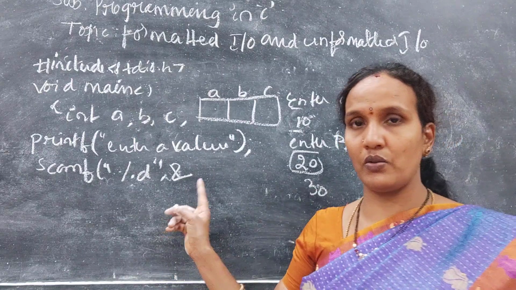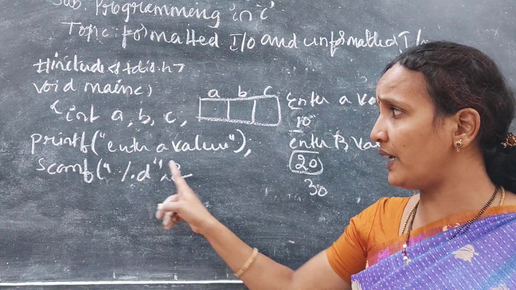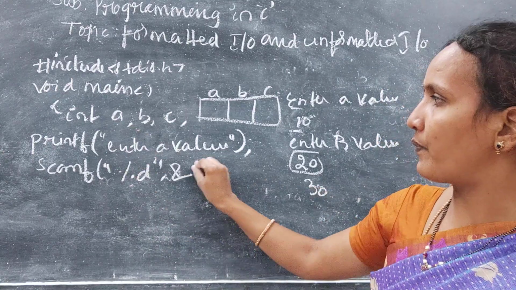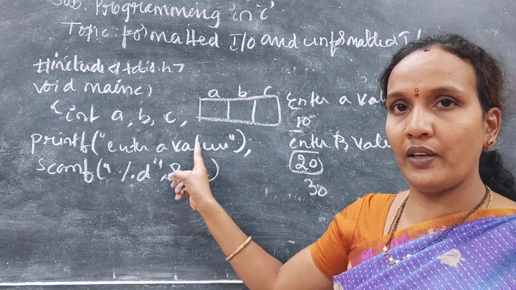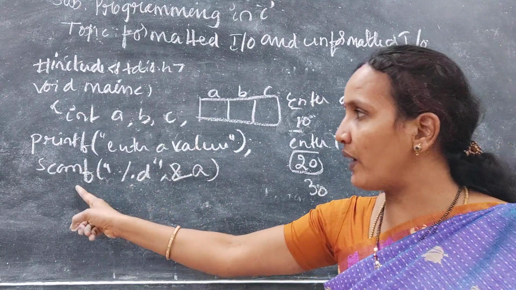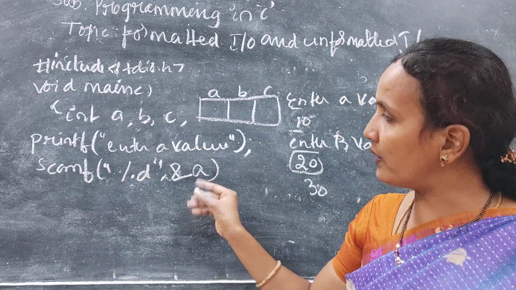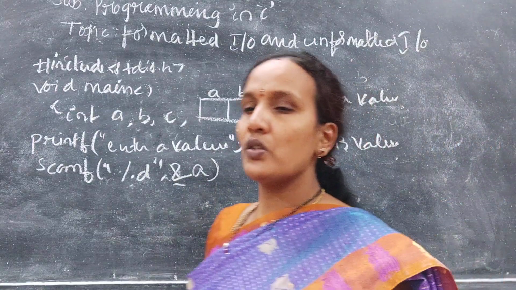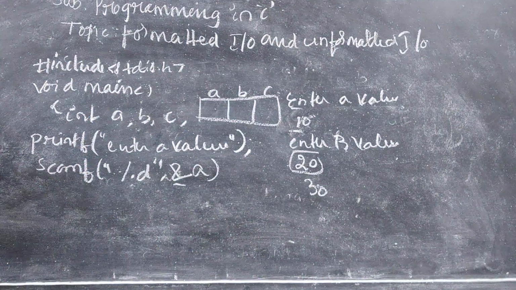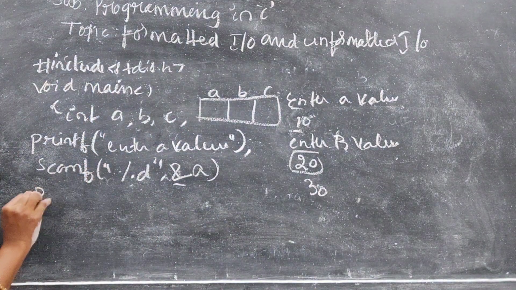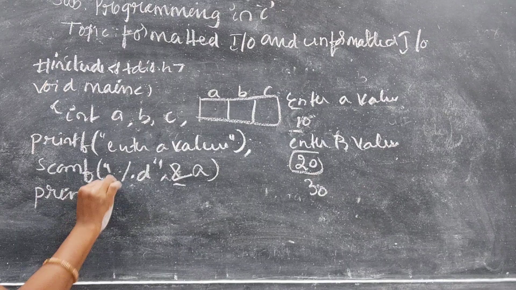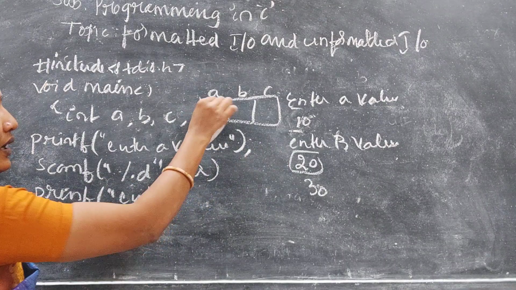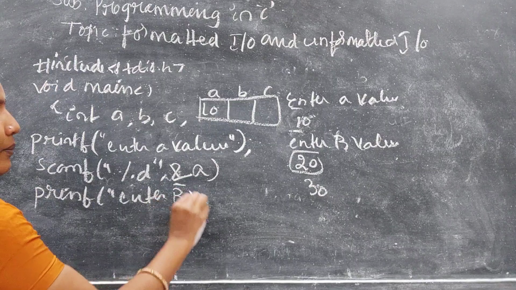Okay, you add this also in the syntax. %d, comma, ampersand, and the name of the variable, A. Whatever value the user is giving after this statement, that value will be stored in A. And this ampersand will give the location of A. Okay, so it's very important. You need to add ampersand in the syntax also. Next after that, printf, what is the next statement? Enter b value. Here 10 will be stored.